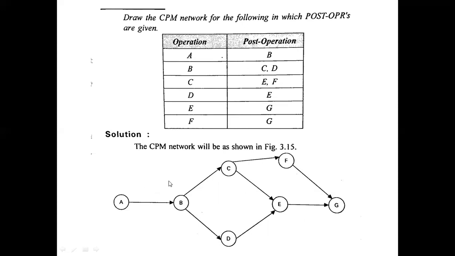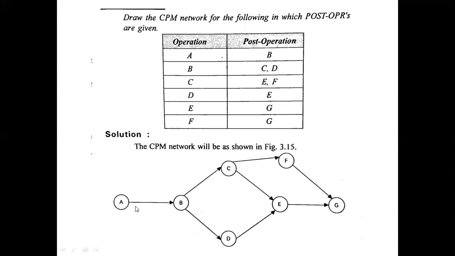So in this case we have to draw the network diagram for this given data. After A, what is the post operation? B, yes. After completion of A, then B has to start, and after B, C and D. After C, E and F. After D, E. Like that, you have to follow this direction.